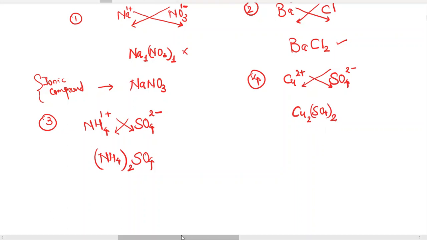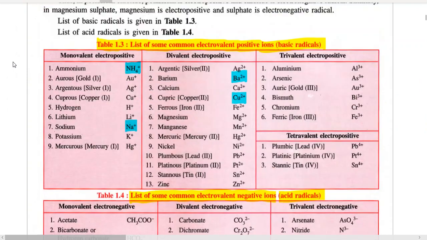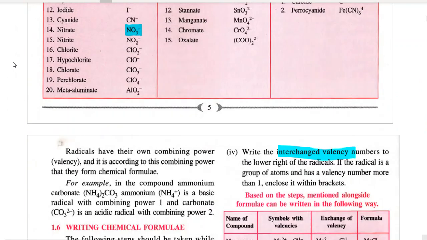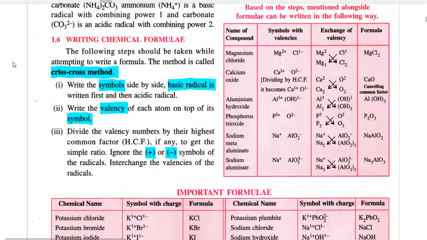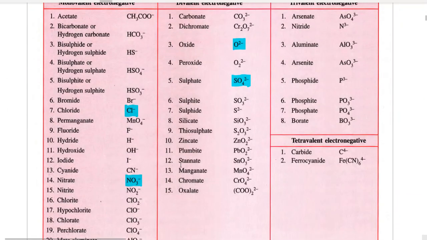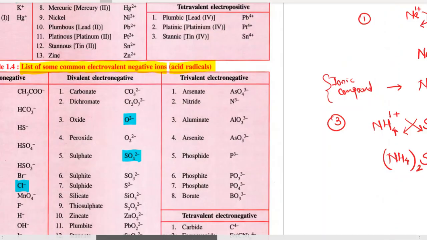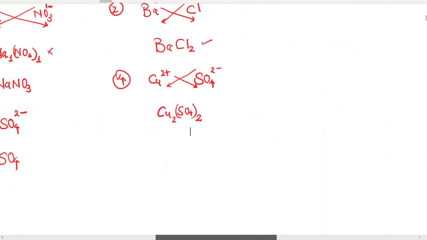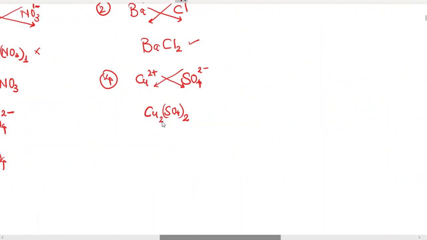Now you remember that in the steps of writing chemical formula, there was this third step which said to divide the valency numbers by their highest common factor, if any, to get a simple ratio. Now I want to ask you this question: in this copper oxide formula, are the subscript numbers in the simple ratio like 2 and 2?